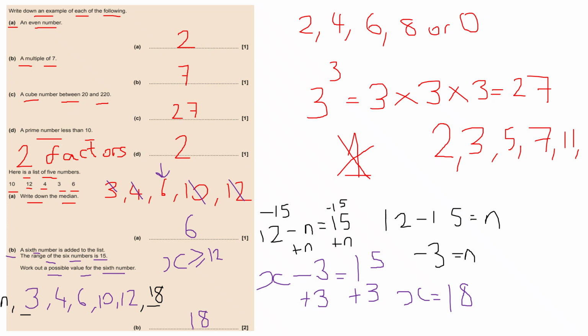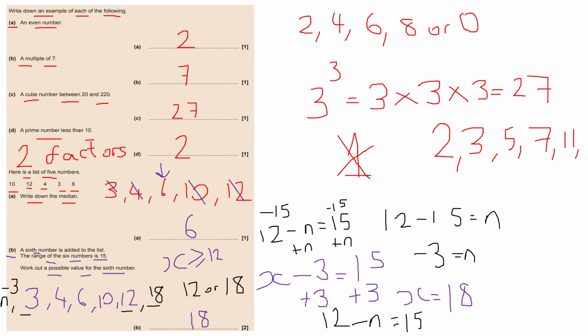So we could have 12 minus n is equal to 15, and then rearrange to make n the subject by adding n to both sides and then subtracting 15, and recognizing that the first number could be minus 3, thereby the 6th number could also be 12. So the answer could be 12 or 18 for the sixth number in the list.